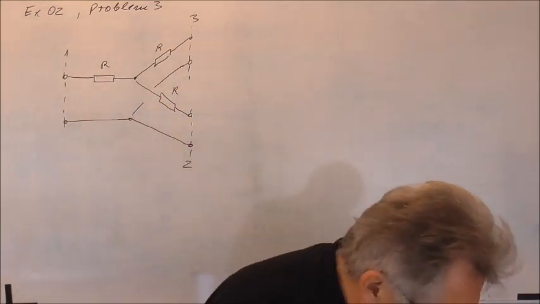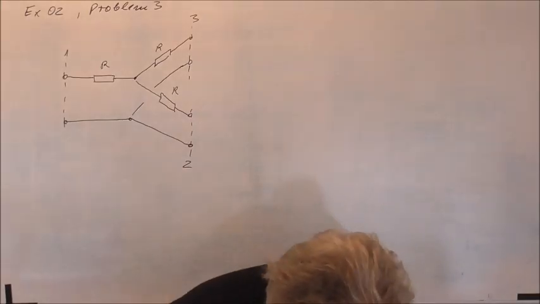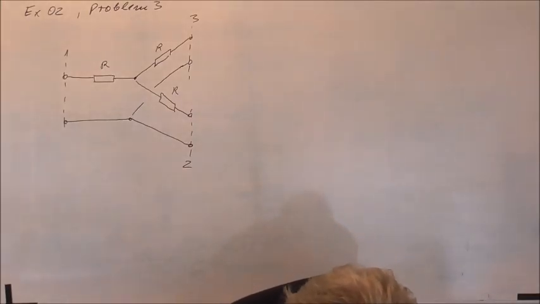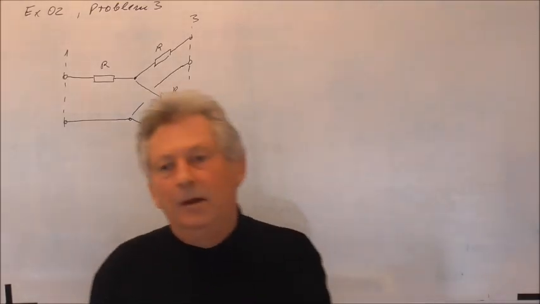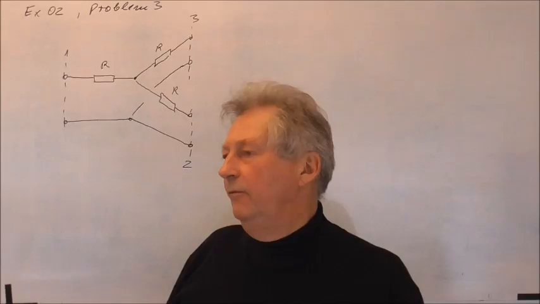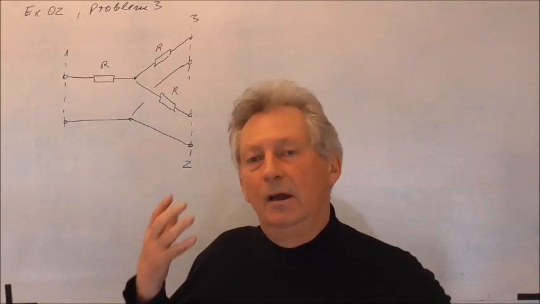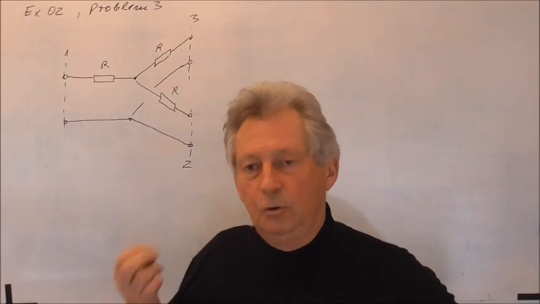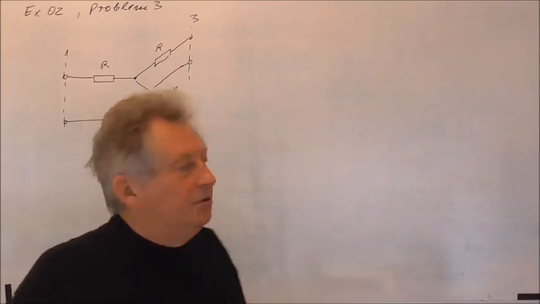And so the question is, how do you have to choose the value of the resistor for the 3-port to be free of self-reflections? The term free of self-reflections means that, for example, S11, S22 and S33 are 0.